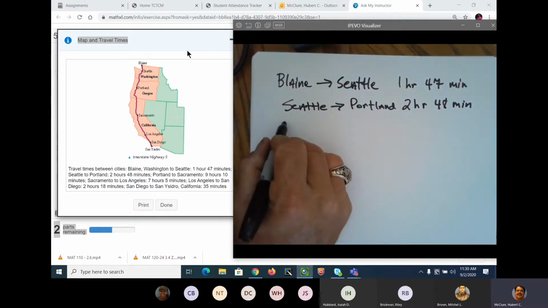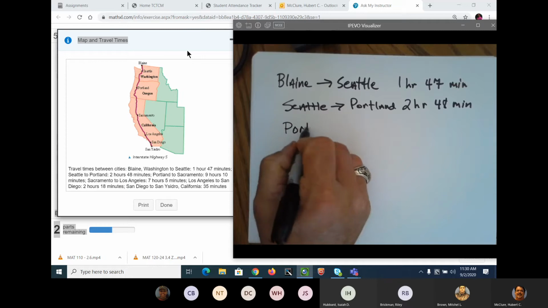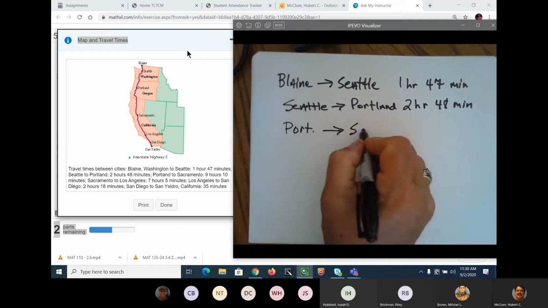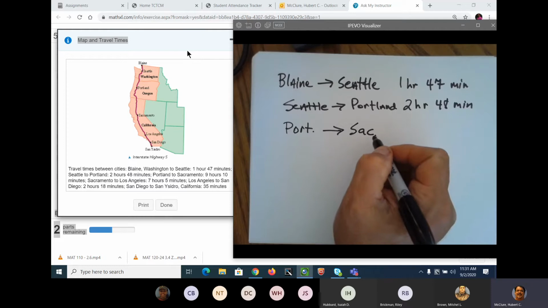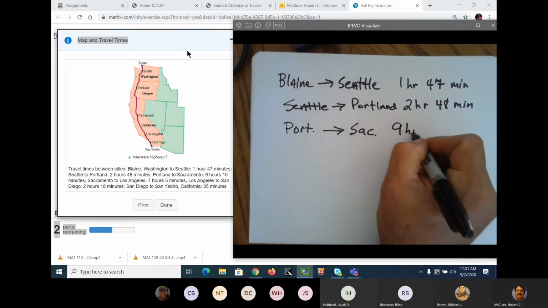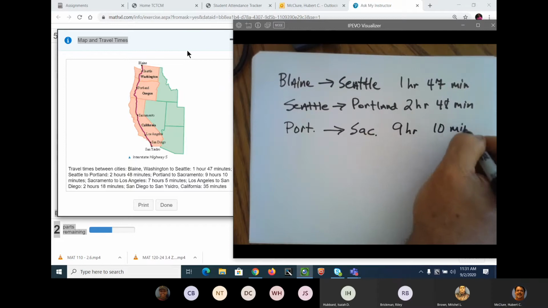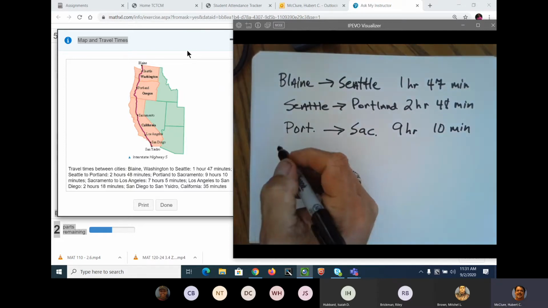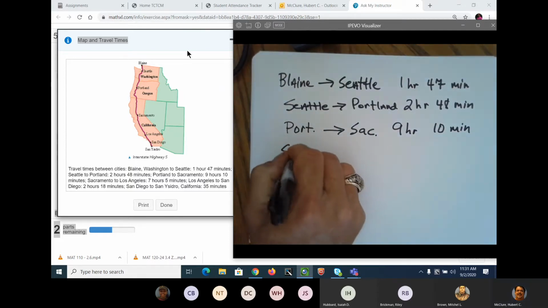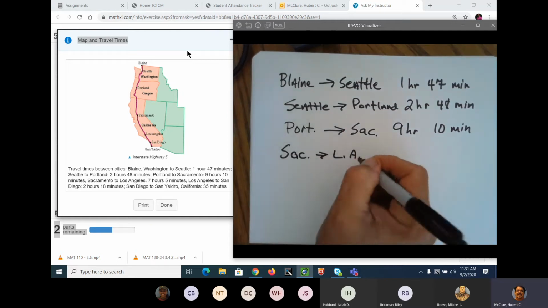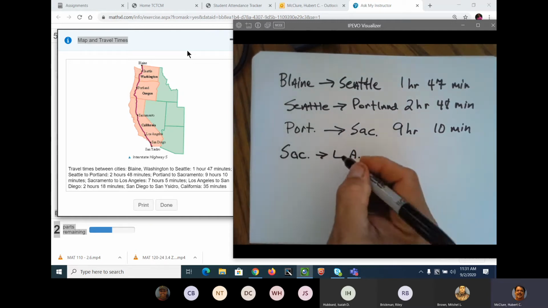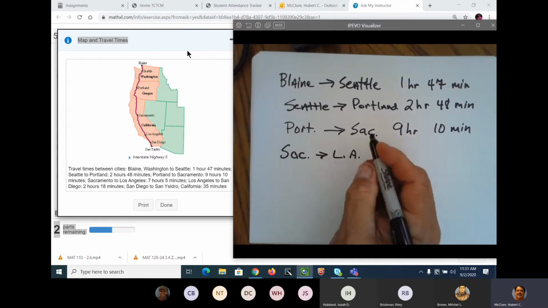Portland to Sacramento is 9 hours, 10 minutes. Sacramento to LA. That's not Lower Anderson. That's Los Angeles. 7 hours, 5 minutes.